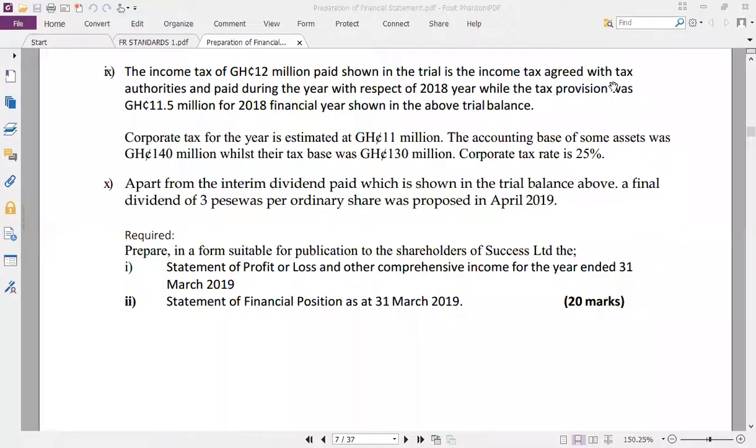It says: our financial year ends 31st March 2019. Apart from the interim dividend paid, which is shown in the trial balance, a final dividend of 3 pesos per ordinary share was proposed in April 2019. So that was proposed after the reporting period.